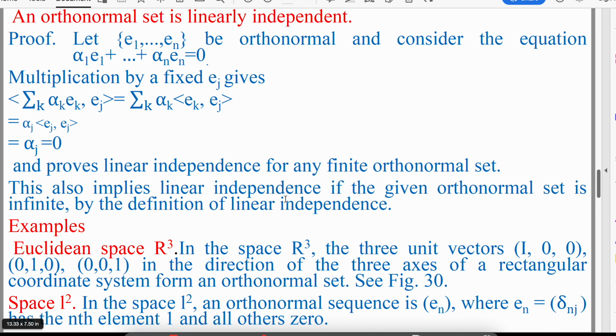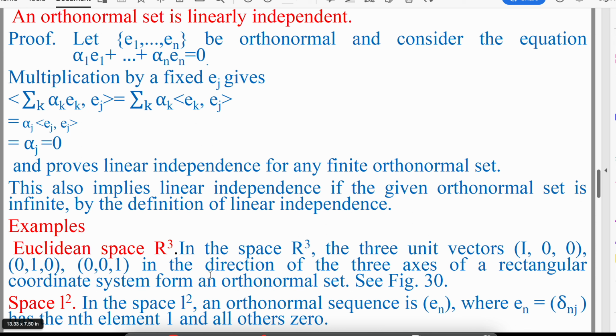This implies linear independence if the given orthonormal set is infinite, by the definition of linear independence. For example, in Euclidean space R cube, 3-dimensional, the three unit vectors (1,0,0), (0,1,0), (0,0,1) in the direction of three axes of a rectangular coordinate system form an orthonormal system.